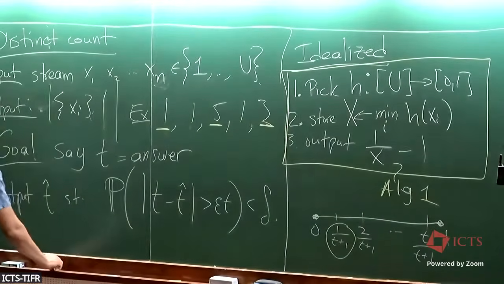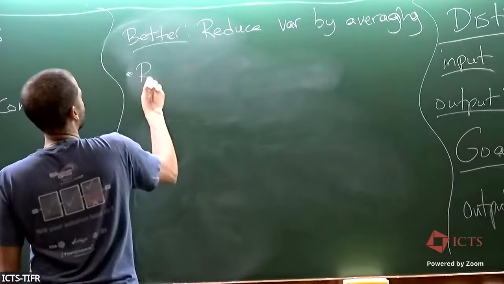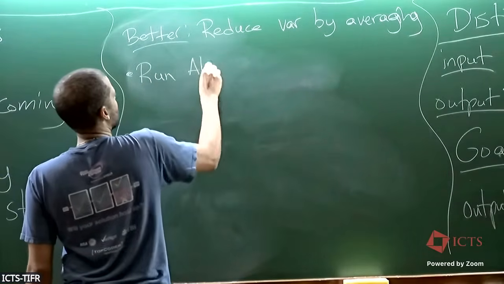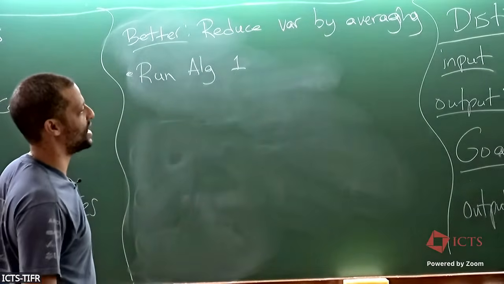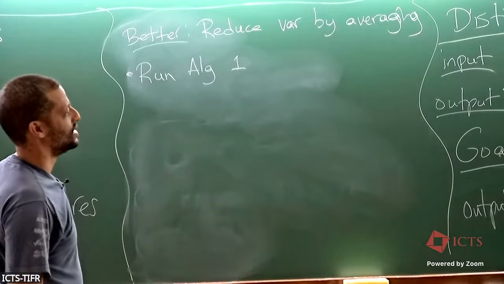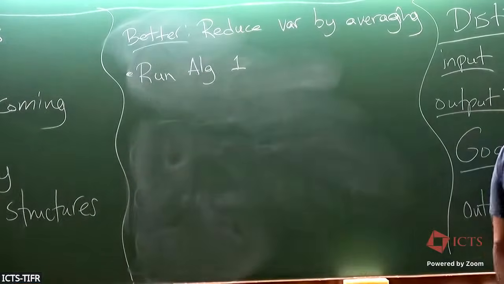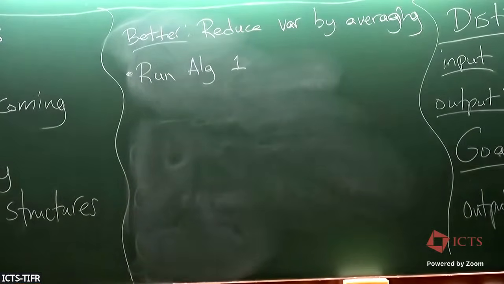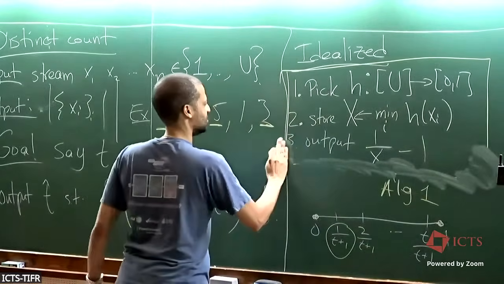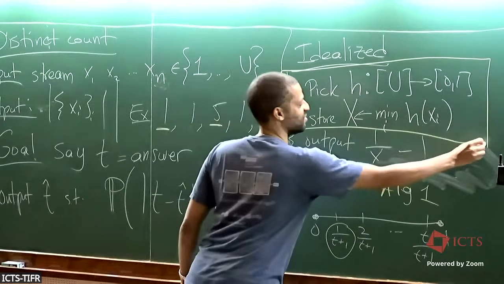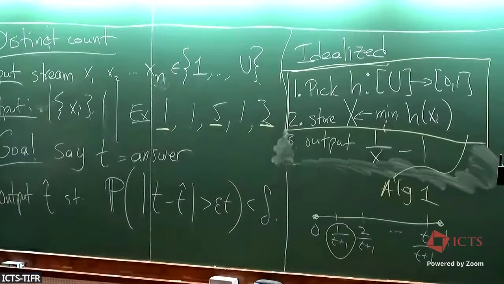So what I'm going to do is run algorithm 1. Actually, let me slightly change my box. Only the first 2 steps of my box are algorithm 1. So what do I store?